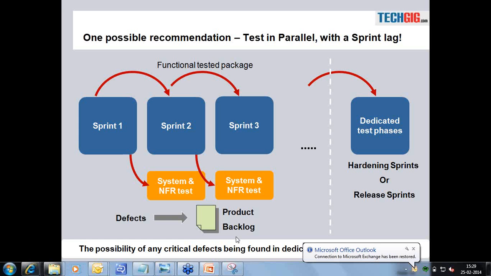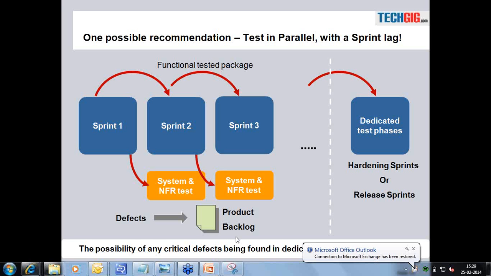So the advantage is that you are able to do these tests early enough, and we are also able to accommodate the bugs that come out within the normal sprinting cycles, because these will go into the product backlog, and then these can be taken up in future sprints. For instance, in the illustration shown here, the sprint output of sprint 1 is system tested and NFR tested, and assume there are 4 bugs coming up.